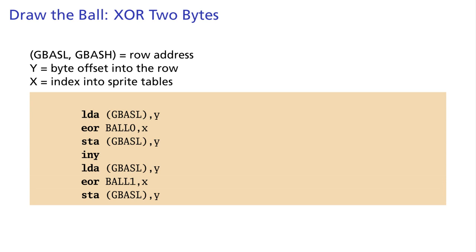I decided to try to preserve the X register value between iterations, but needed the Y register for looking up row addresses, so I stored the current row number in the HGRY zero page address. This code only displays 2 bytes in a single row. To display a ball, we need to execute it 8 times on different rows.